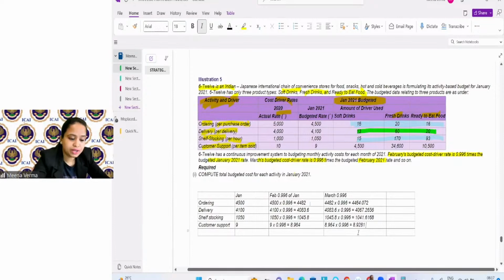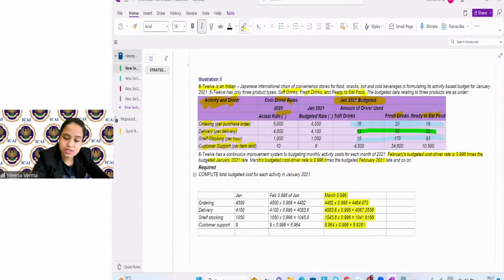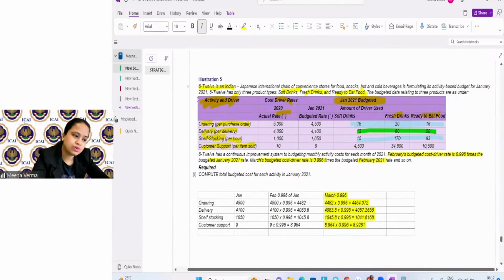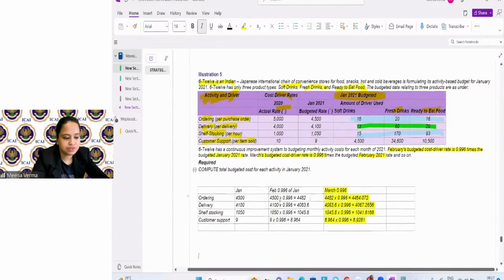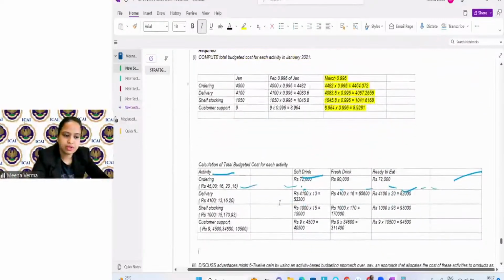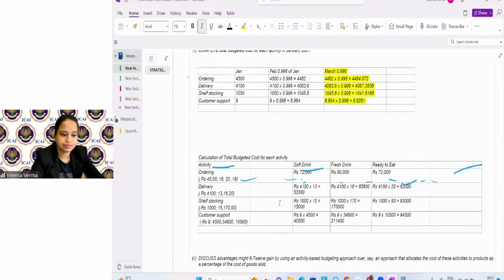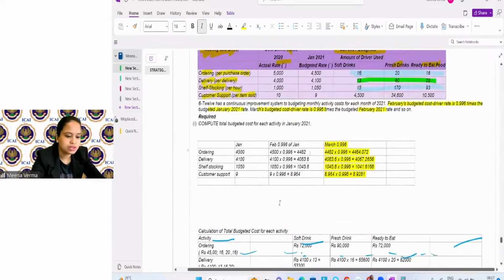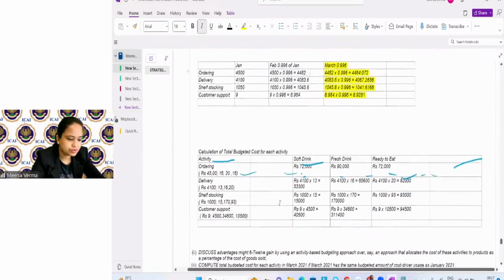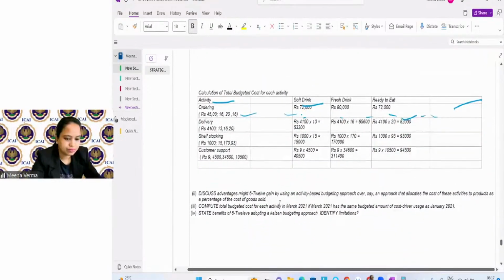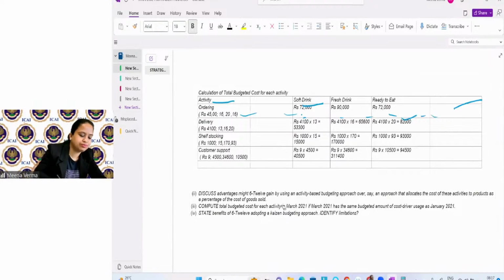So now for the month of March, what will you do? You will just consider these values and solve the question in a similar way as we have done here, right? So you will find the total budgeted cost for the month of March. This is what you have to do in the third option, right?